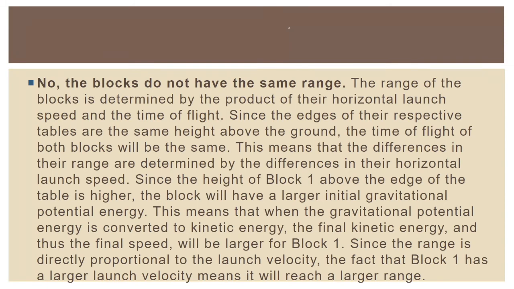That, of course, is true with respect to the edge of the table. Also, though, with respect to the floor. I wrote then, this means that when the gravitational potential energy is converted to kinetic energy, the final kinetic energy, and thus the final speed, will be larger for block 1. Since the range is directly proportional to the launch velocity, the fact that block 1 has a larger launch velocity means it will reach a larger range.